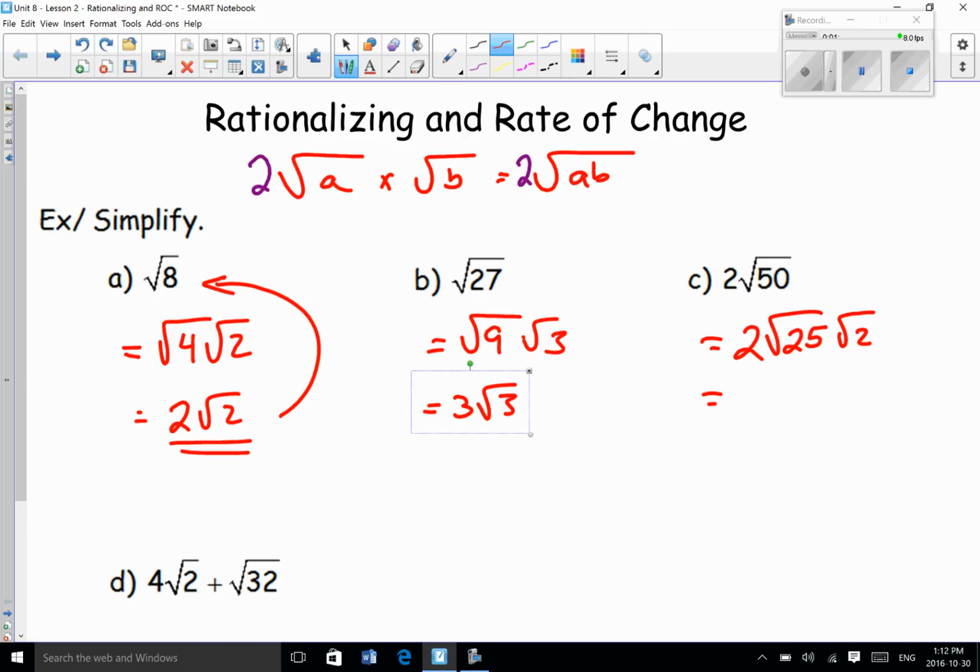Whenever things are written together like this, it means multiplying, right? So if I break root 50 into root 25 root 2, we can think of that as 2 times 5 root 2, which is 10 root 2, a simpler version of 2 root 50.